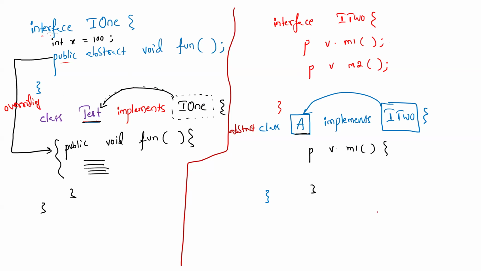If an interface has multiple abstract methods and the class implements only one of them, then that class has to declare itself as abstract. Either give the body for all abstract methods or else declare itself as abstract. So that is where we are.